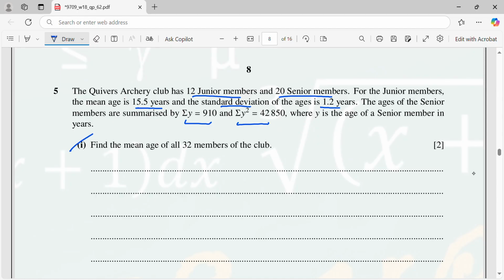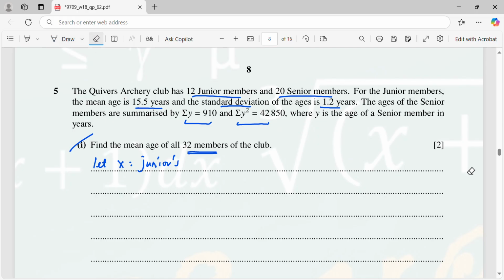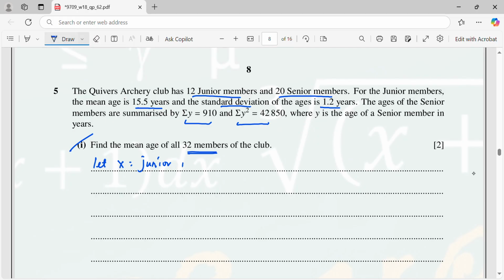Now, first part, find the mean age of all 32 members of the club. Okay, so let x represent the junior member's age.